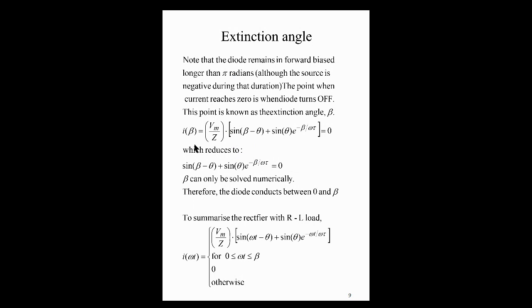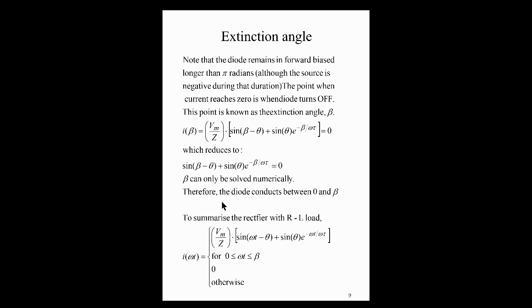Now, this is the equation that results. How do we solve this? One method is numerically. You can use your computer to solve this expression. You have probably done numerical analysis, so you can use that method to solve for your beta here.